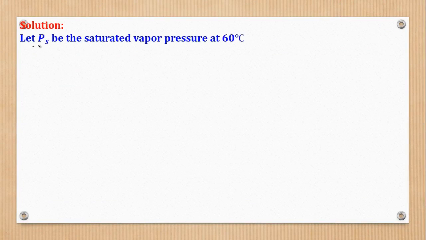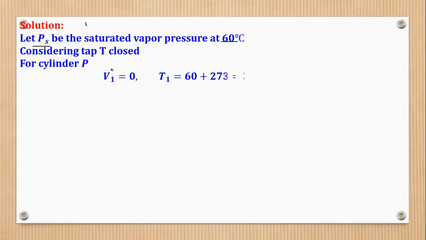So we shall let PS be the saturated vapor pressure at 60 degrees Celsius. Therefore, considering the tap closed, when it is closed, we consider cylinders separately. So there is cylinder P, which has V0 because of the word vacuum. And the temperature, convert the 60 degrees Celsius to Kelvin.